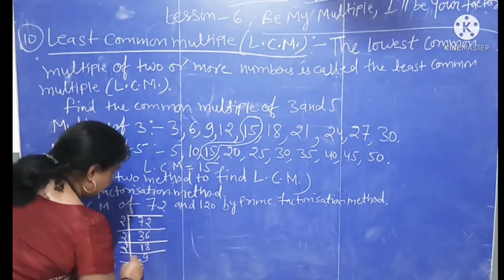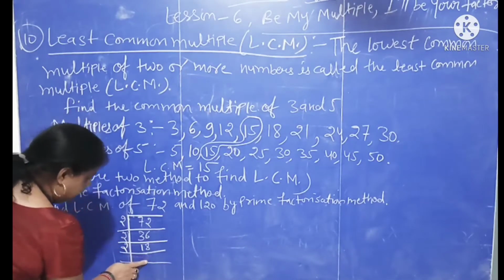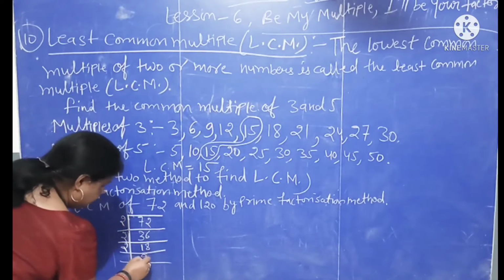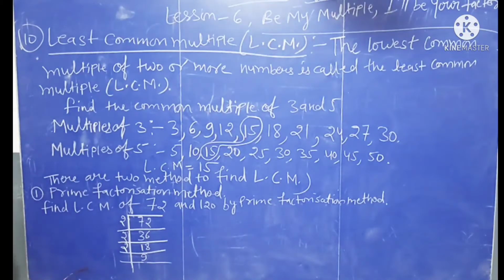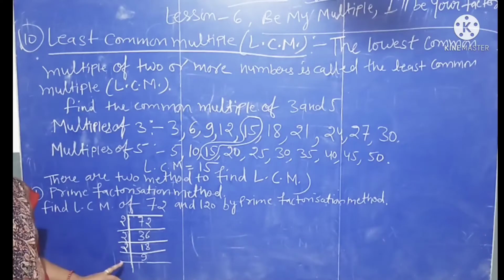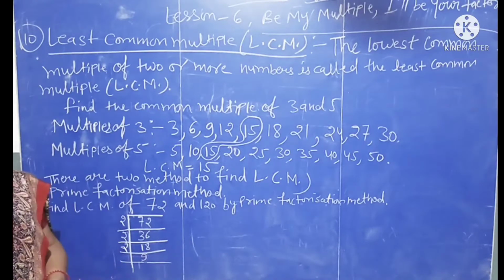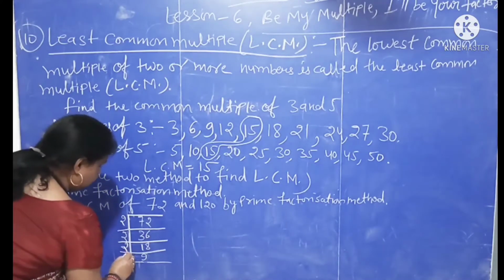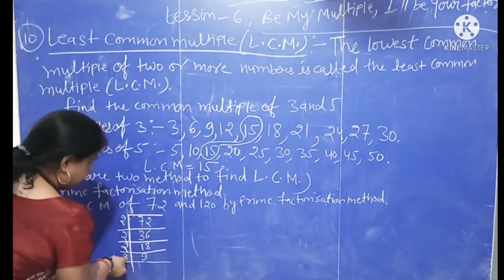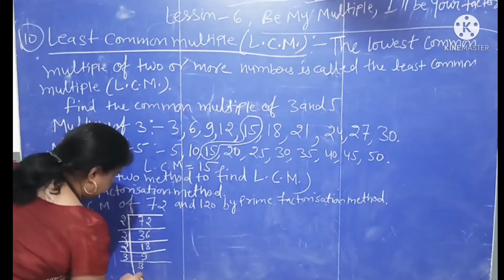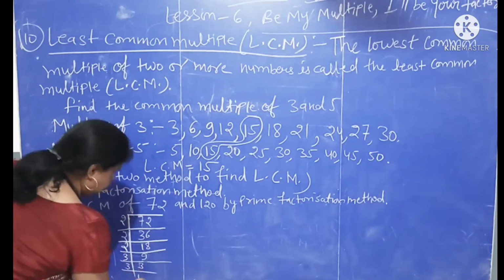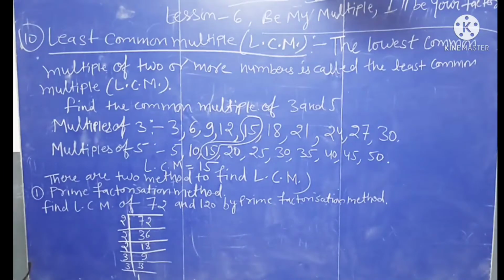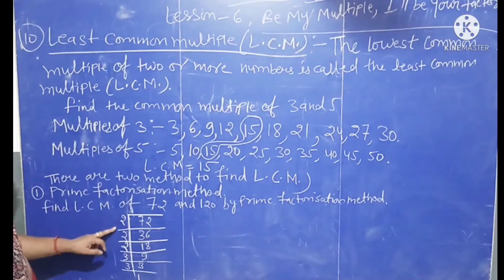Here is 9 and 9 is not divisible by 2. So, what will we do? We take the next prime number. Which is the next prime number? 3 is the next prime number. So, we take 3 here. 3 times 3 is 9 and 3 times 1 is 3. So, here are the prime factors of 72.